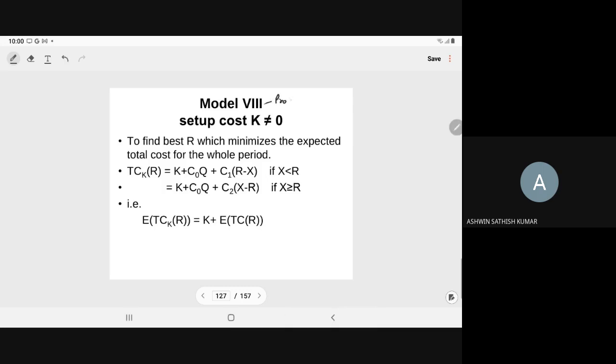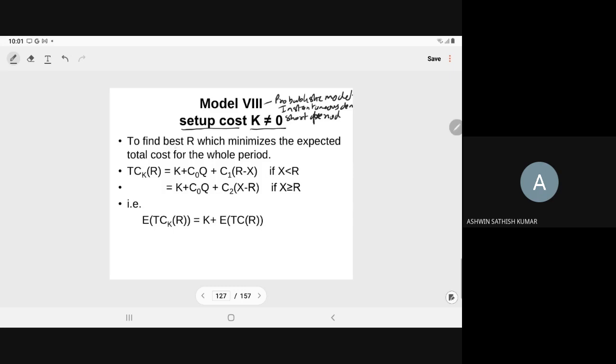It is also a probabilistic model, with instantaneous demand and a short period. But here we are taking the setup cost as not equal to zero. In Model 7, the setup cost is equal to zero. Here we are taking the setup cost not equal to zero.